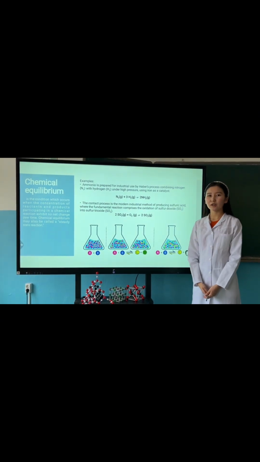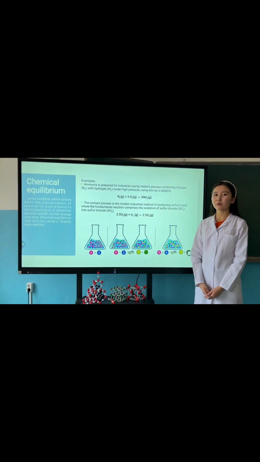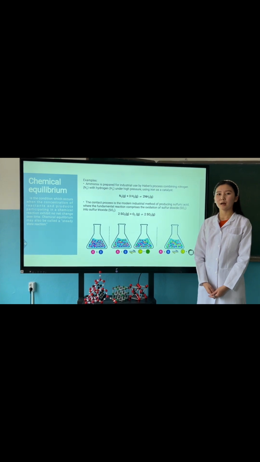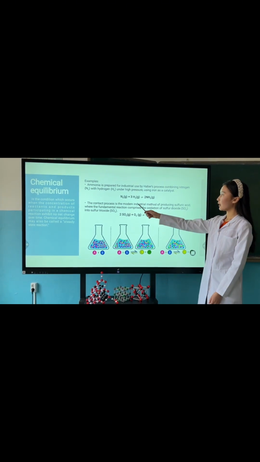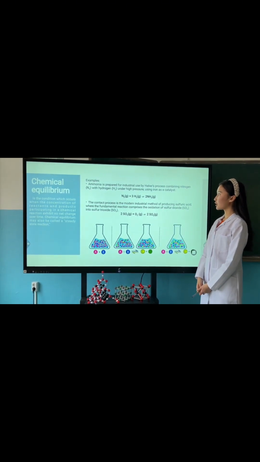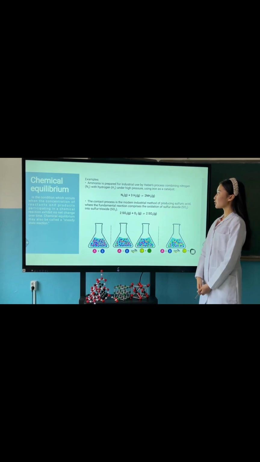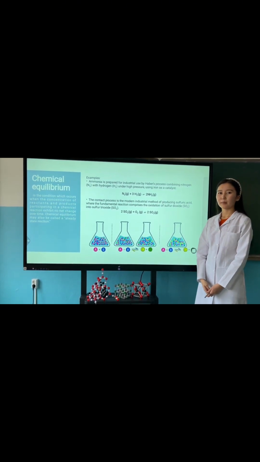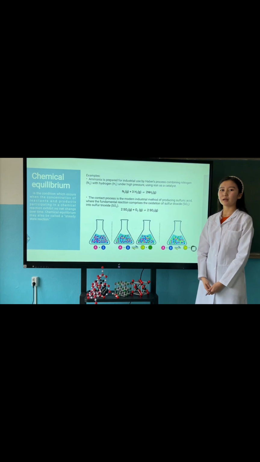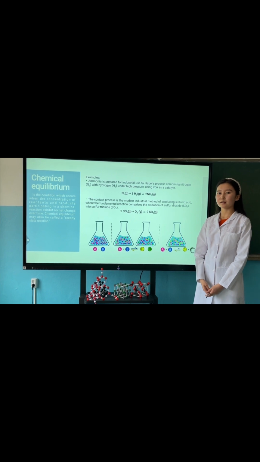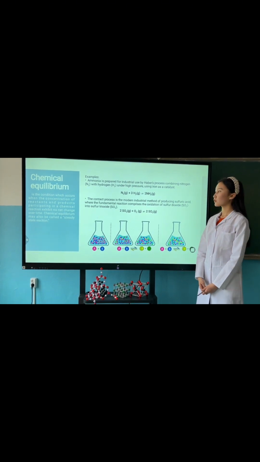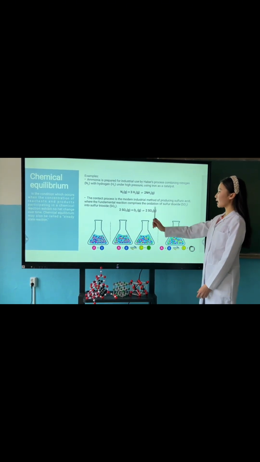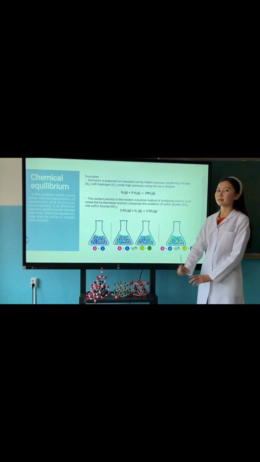Examples: ammonia is prepared for industrial use by Haber's process, combining nitrogen with hydrogen under high pressure using iron as a catalyst. The contact process is the modern industrial method of producing sulfuric acid, where the fundamental reaction comprises the oxidation of sulfur dioxide into sulfur trioxide.